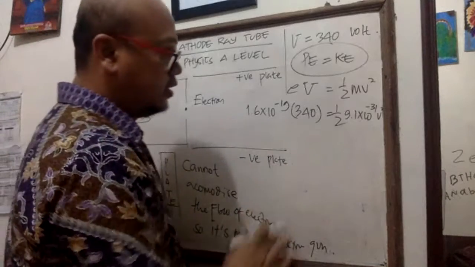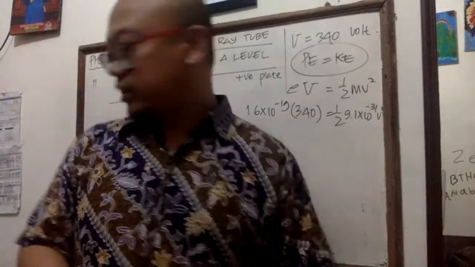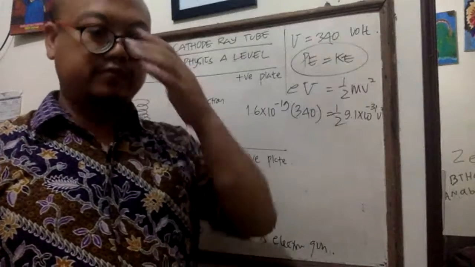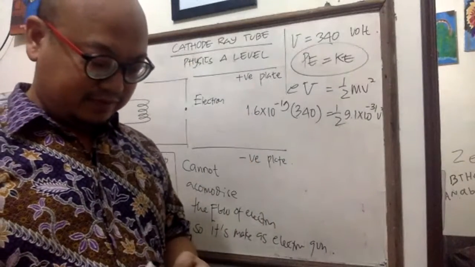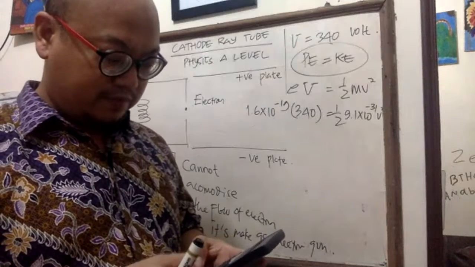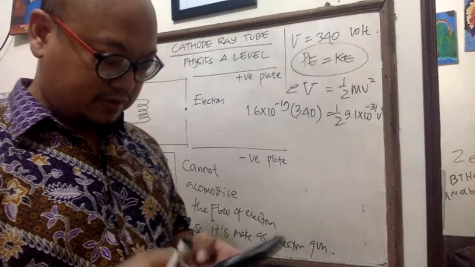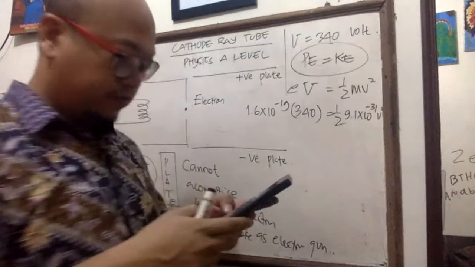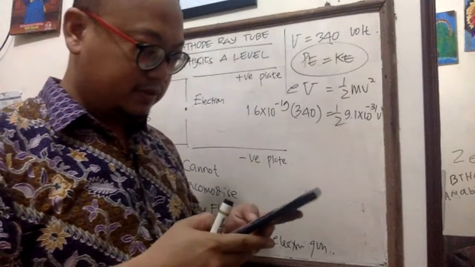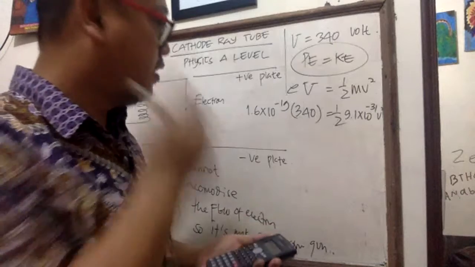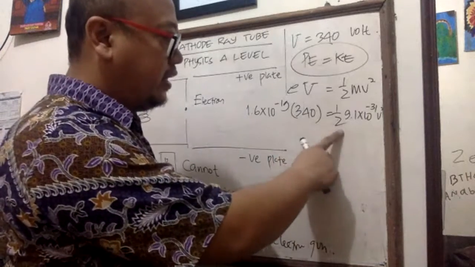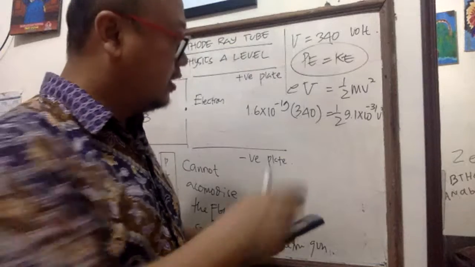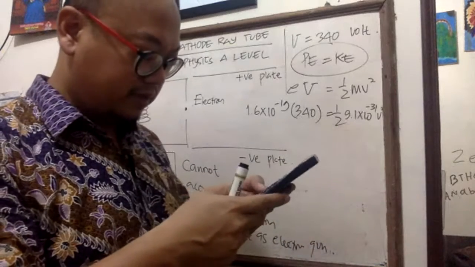So I will use the calculator. 1.6 times 340, let's say here is 544, times 2 and divided by 9.1.